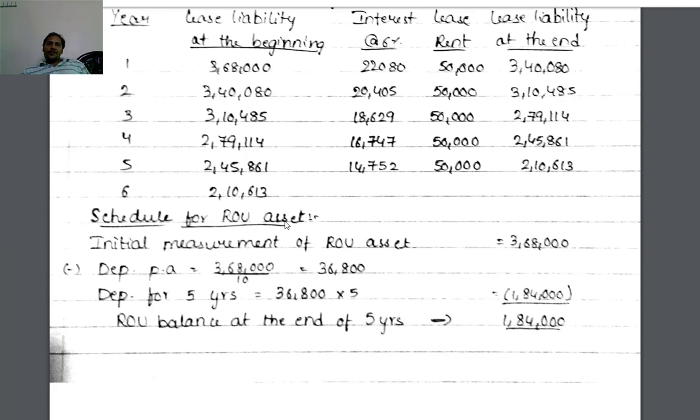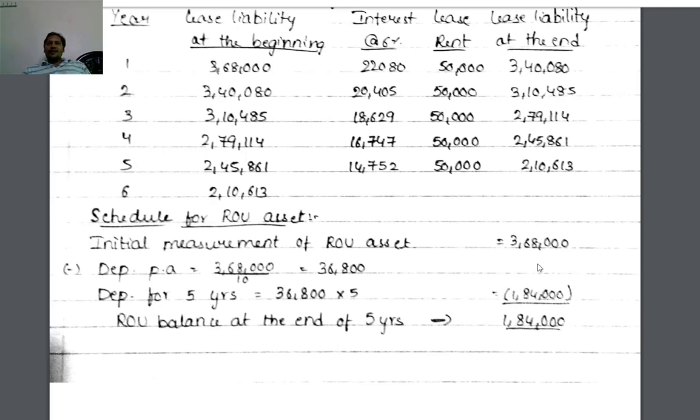Schedule for ROU asset. Initial value of ROU asset, right of use asset, 3,68,000. Then depreciation per annum. This is to be spread over a period of 10 years. 3,68,000 divided by 10, 36,800. That is depreciation per annum. 5 years period completed, 36,800 into 5, 1,84,000.